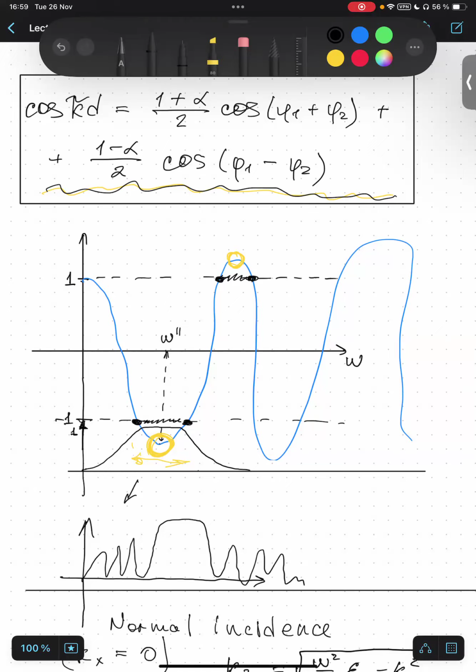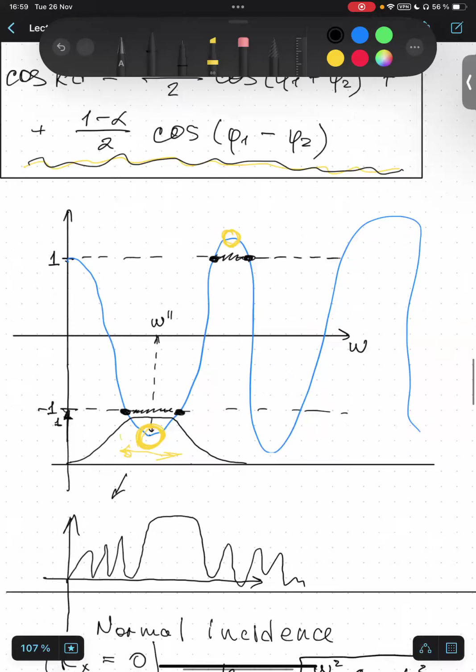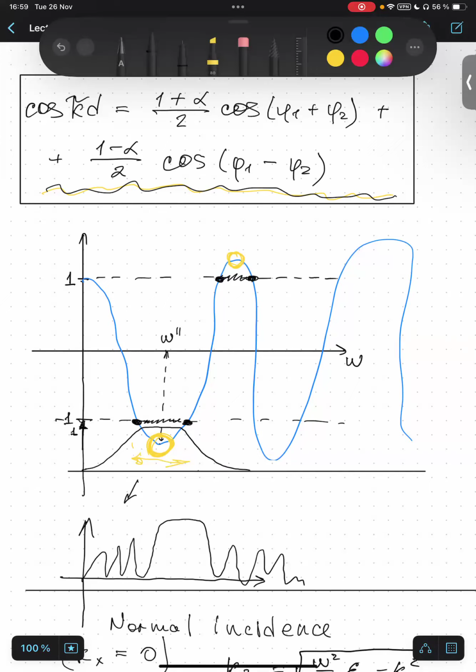And in order to find the position of the band gap, we know that it is somewhere here, at this point.